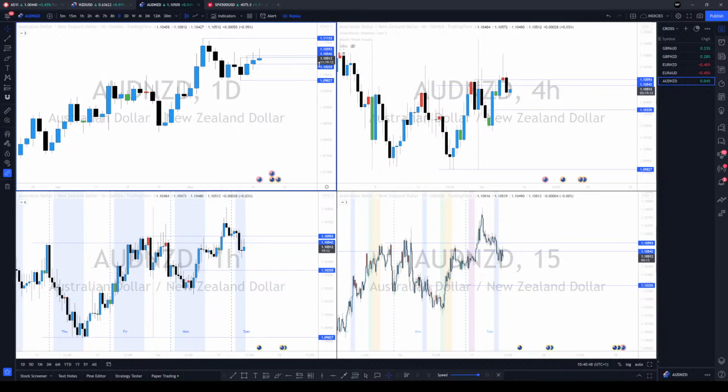The next one, this one, I don't know why yours will be red, unless your settings are wrong.